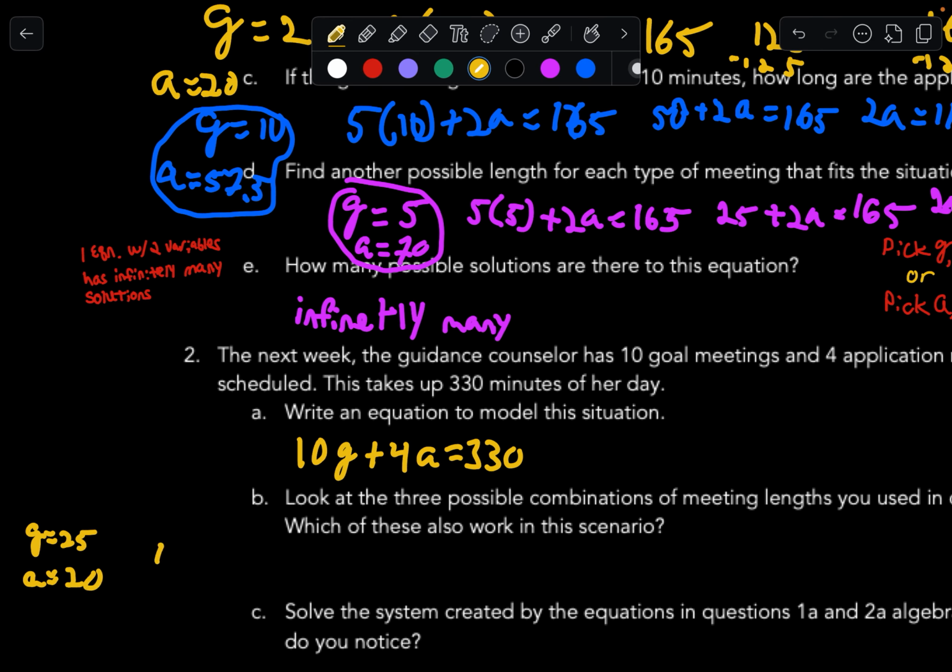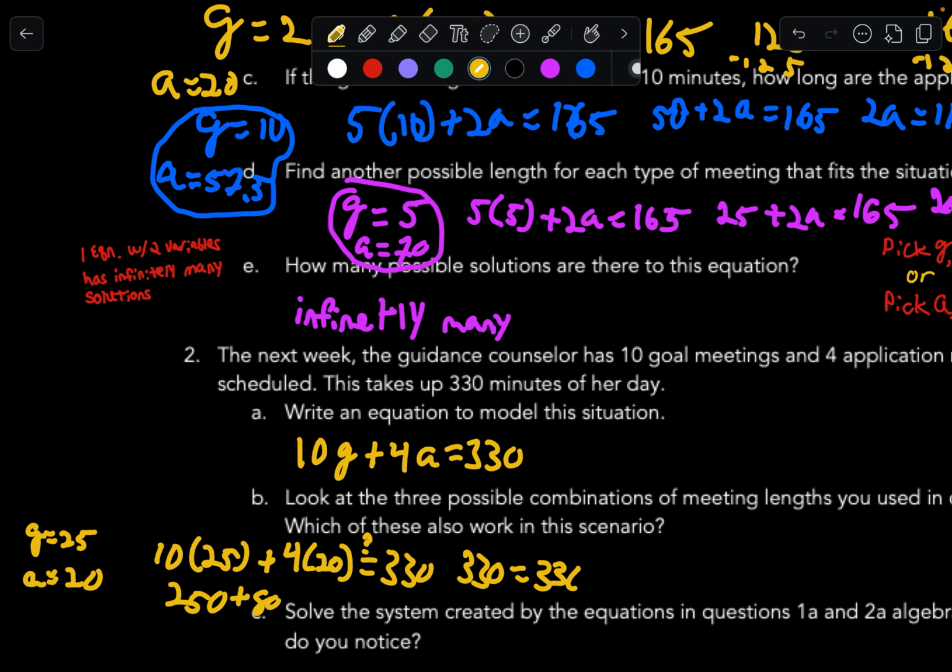And we get this, 10 times 25 plus 4 times 20. The question is, does that indeed equal 330? Well, 10 times 25 is 250. 4 times 20 is 80. And 250 plus 80 is indeed 330. It works. You get 330 equals 330.